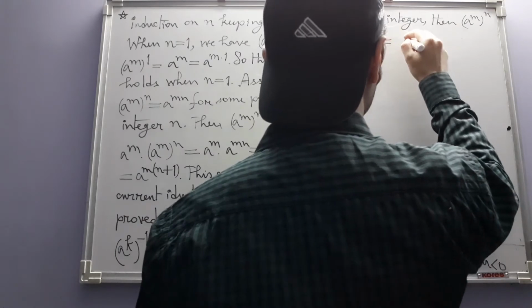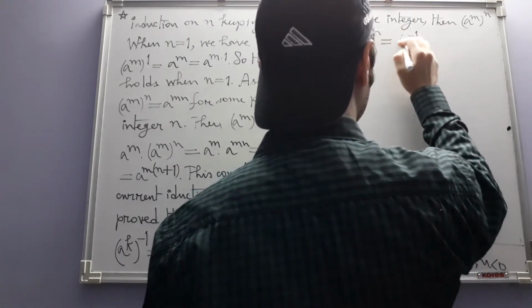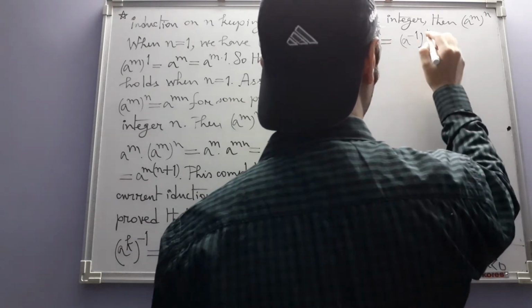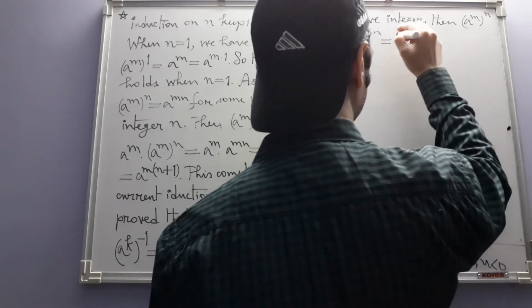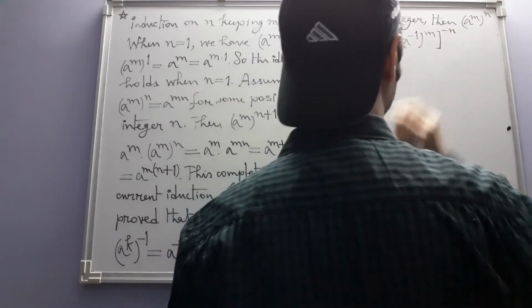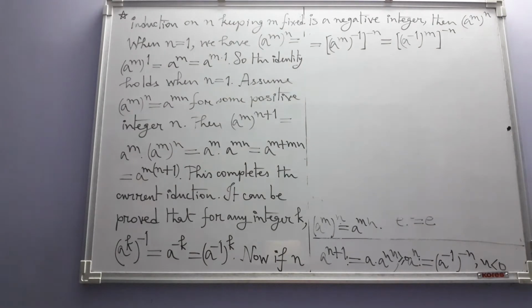So anyway, according to that, this is going to be equal to a inverse to the power m to the power minus n.